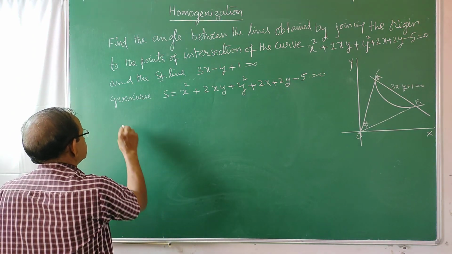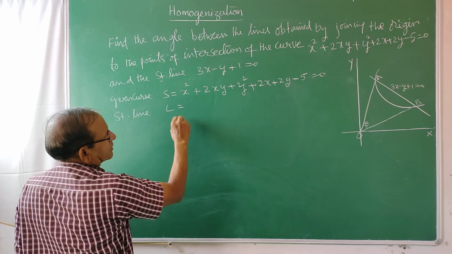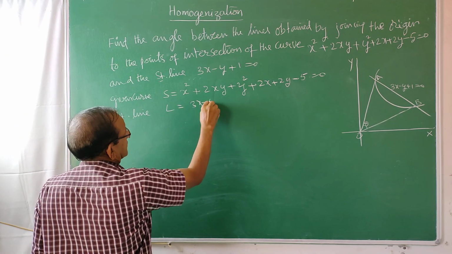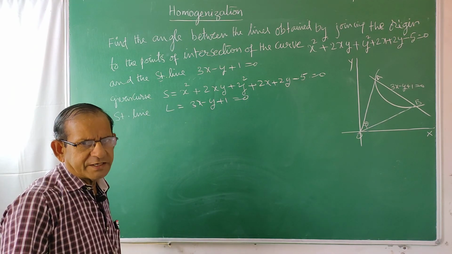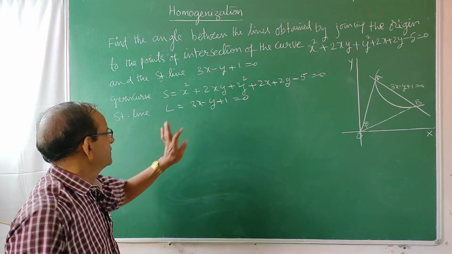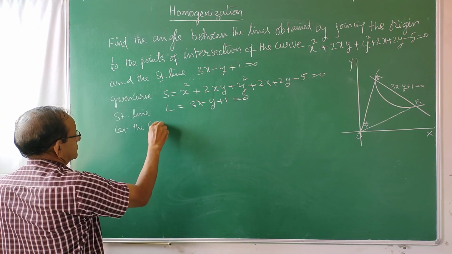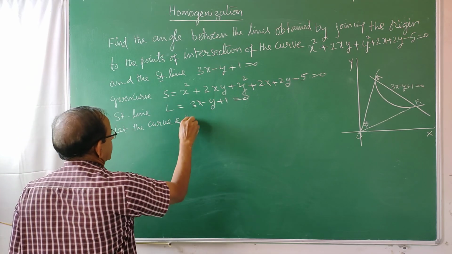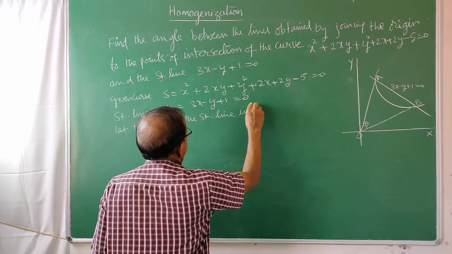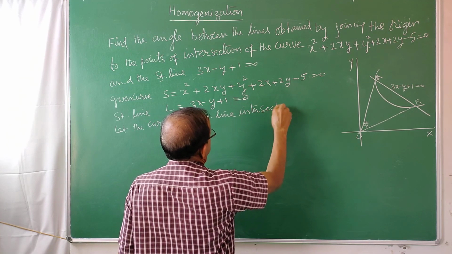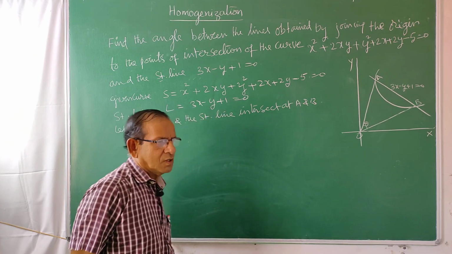And straight line L is equal to 3x minus y plus 1 is equal to 0. To make it homogeneous, first of all let us write, let the curve and the straight line intersect at A and B.